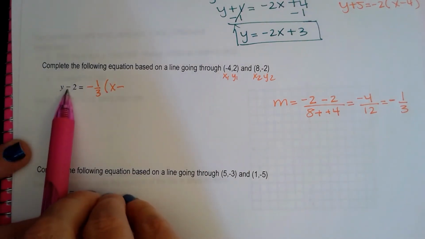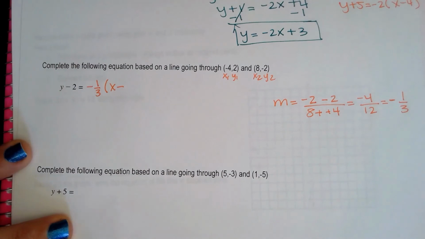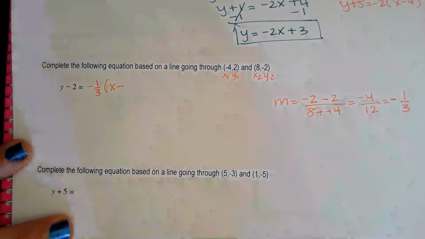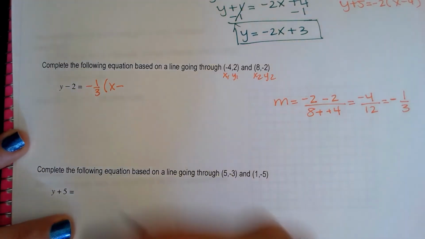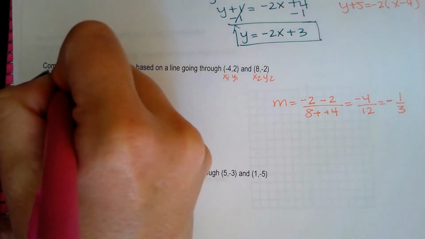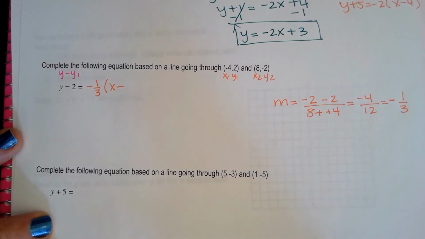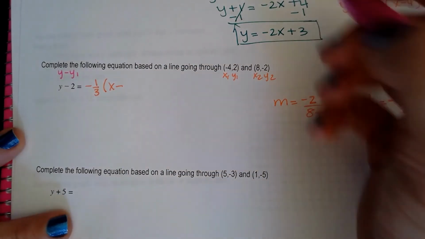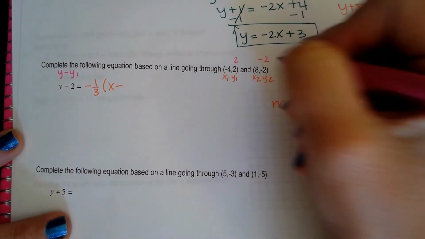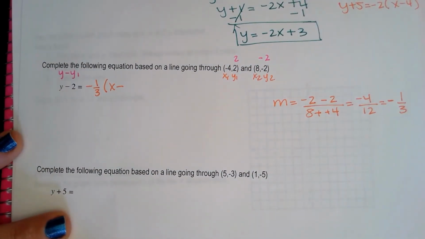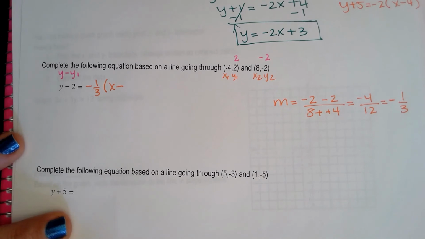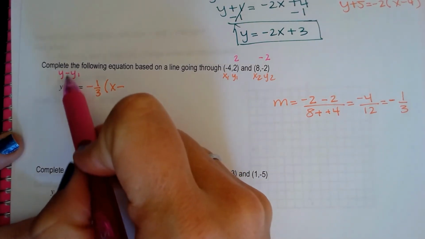So it says y minus 2. Now remember, on this, it would be y minus y1, right? So it's already y minus. So we have a 2 and we have a -2 here. So which of the ordered pairs would it have to be in order for it to stay a minus sign?